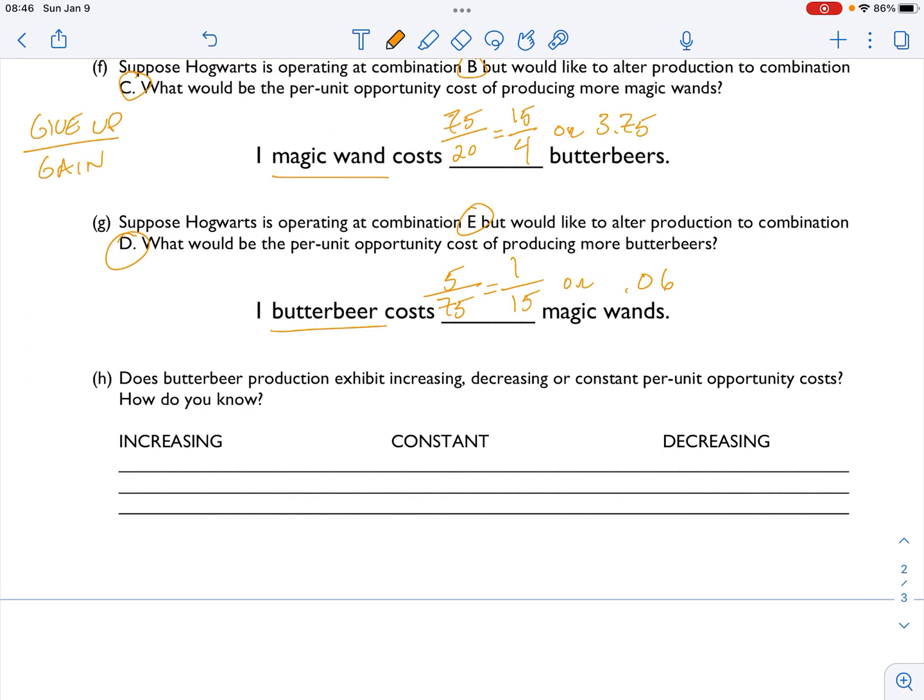So our last question, question H, does butterbeer production exhibit increasing, decreasing, or constant per unit opportunity cost? So I'll give you the answer and then we'll explain it. It is increasing.